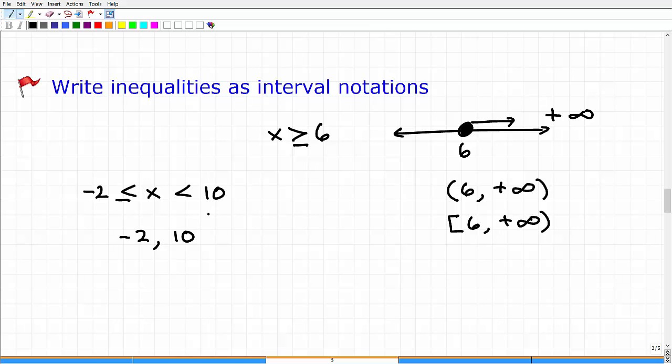Let's start with the -2. It's equal to, so that's going to be a bracket. And for 10, it's not equal to 10. It just goes up to the numbers not including 10, so that'd be an open parenthesis. Not too difficult.